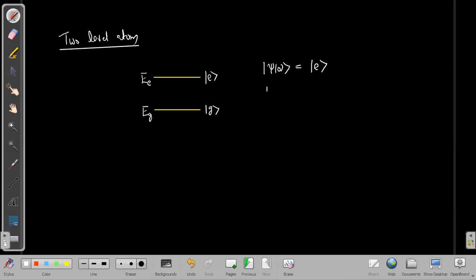Then what would be its state at a later time?